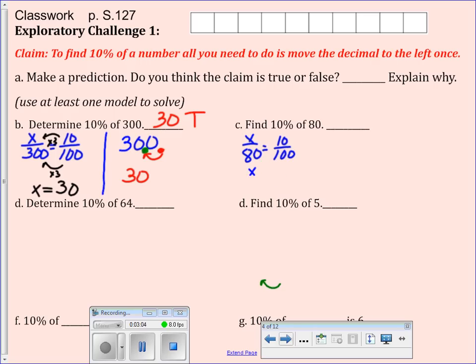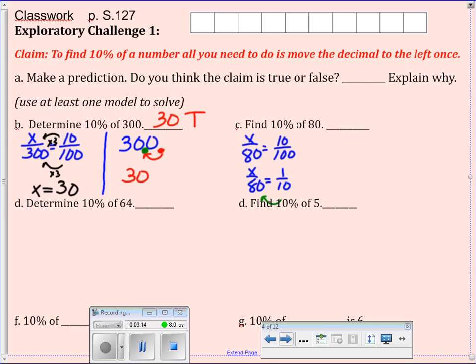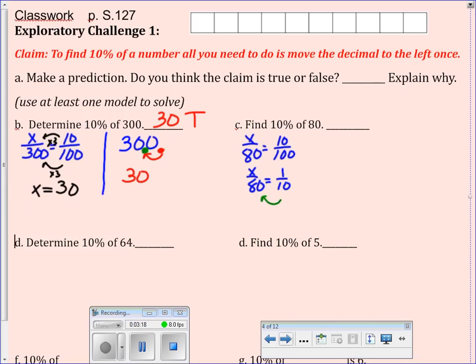I have to scale it down. Then I can scale it up. And what is x? Times 8, times 8. x equals 8.